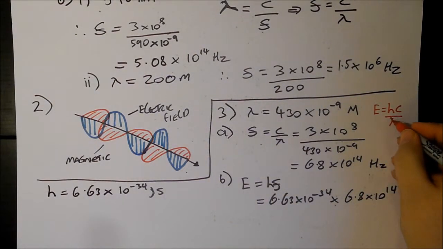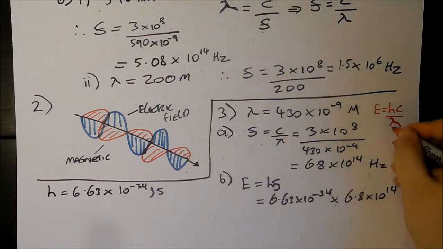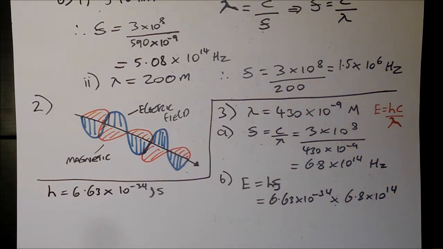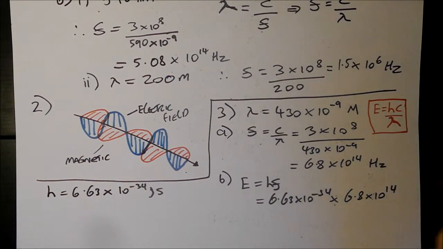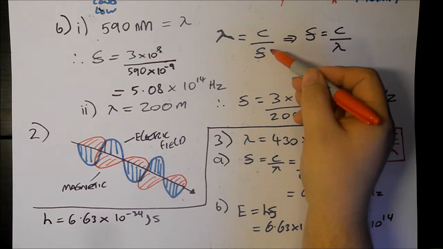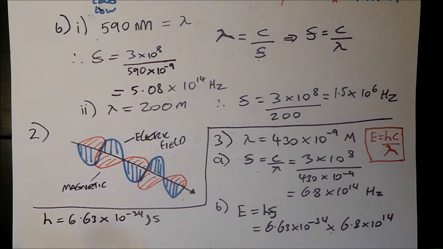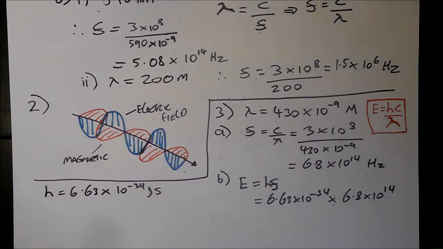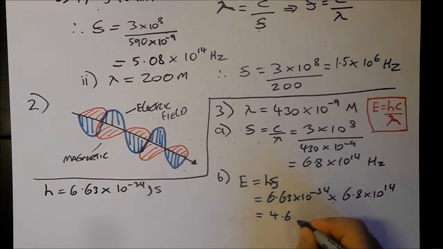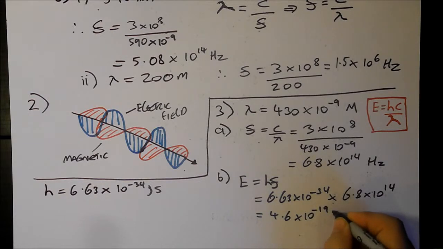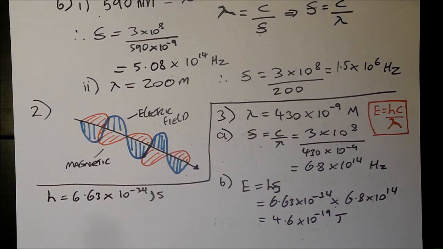So if we hadn't already calculated frequency, or you weren't sure about your frequency calculation, then you could use this equation, which is just a combination of the two. But we did calculate it, so we're going to use it, and that would give us an answer of about 4.6 times 10 to the minus 19 joules. 10 to the minus 19, we know we're in the right ballpark for joules of energy for photons.